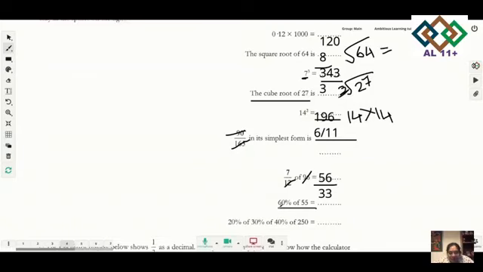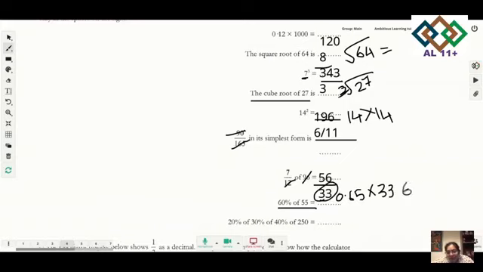The next one is 60% of 55. You can write it in decimals, 0.6 multiplied by 55, and then you get your answer 33.